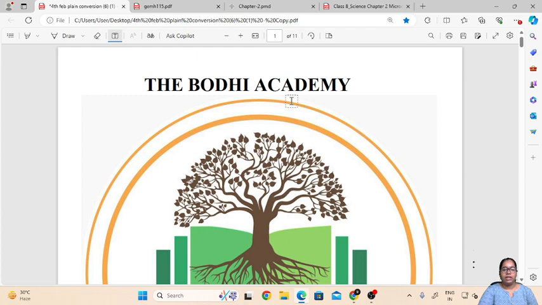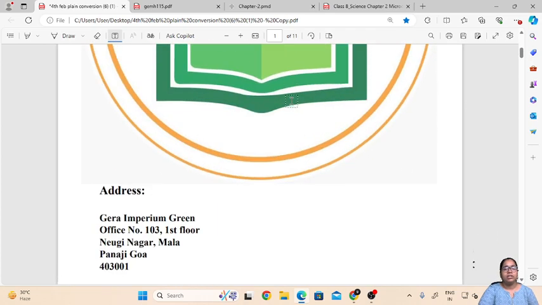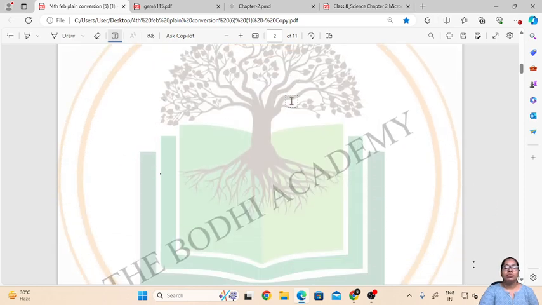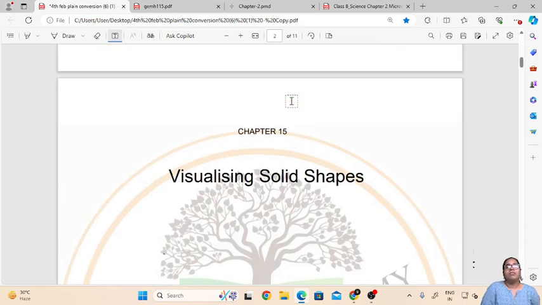My name is Shrutika, and today let us continue with the second part of our chapter 15, visualizing solid shapes. In our part 1, we have seen what are 2D shapes and what are 3D shapes, and we have also seen some examples of shapes which are in 2D form and the same shape in 3D form. All this comparison we have seen in our last class.